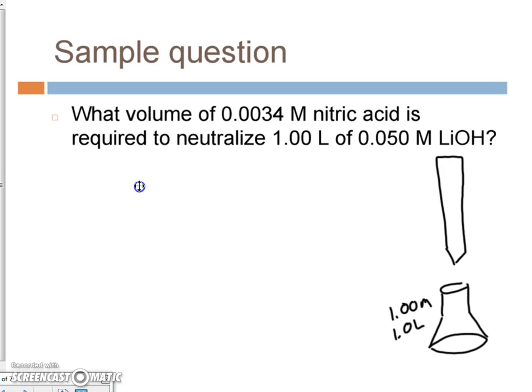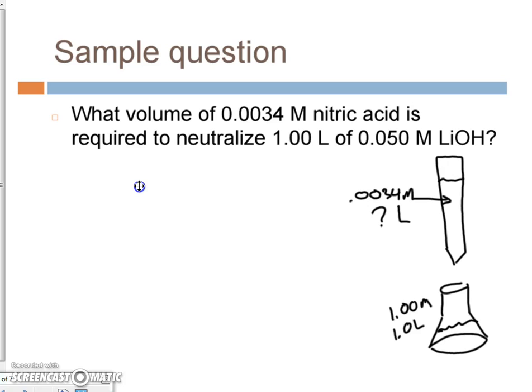And we want to know how much of our acid with a concentration of 0.0034 M. We want to know how many, it just has volume, so let's go liters. How many liters?